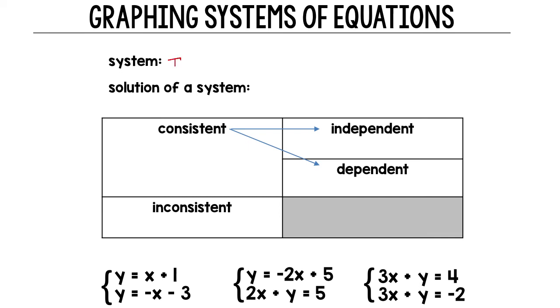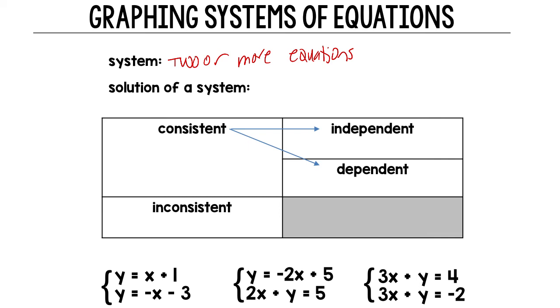A system is two or more equations. These equations just so happen to relate to the same situation.